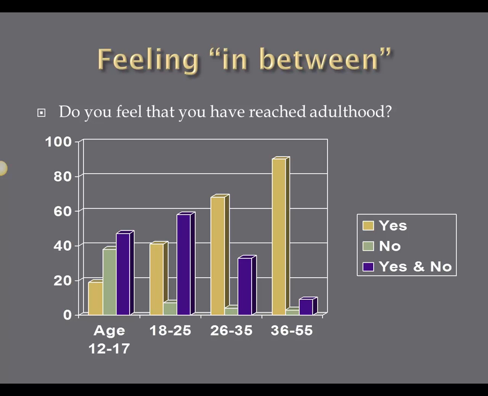By the age of 36, we're seeing less ambivalence. We're seeing fewer people saying no, that they're not quite yet an adult, and by far this is our strongest category of yes. If you look across those little columns, you see that there's this still in between, like 18 and 26, or between 25 and 26, we really start to see this shift.